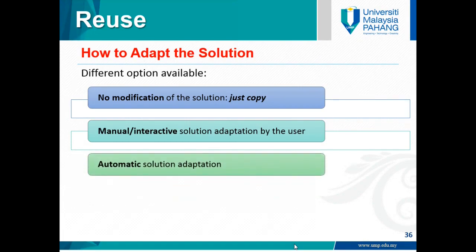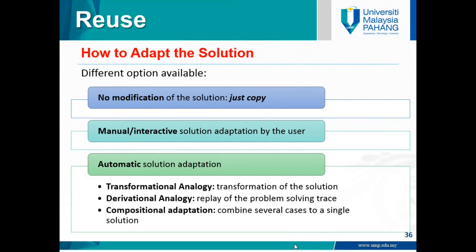The other option is related to the automatic solution adaptation, where the adaptation of the solution is executed by using certain automatic methods such as transformational analogy, where we do the transformation of the solution, or the derivational analogy, where we need to replay the problem solving trace.